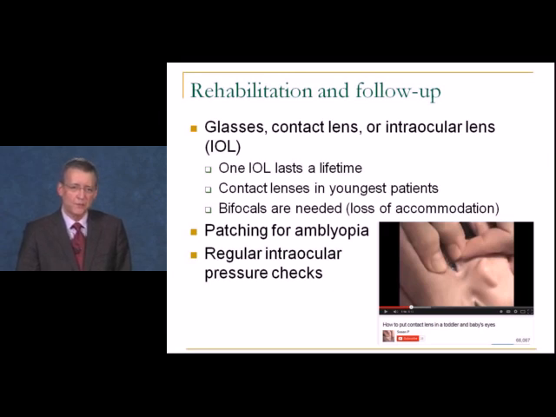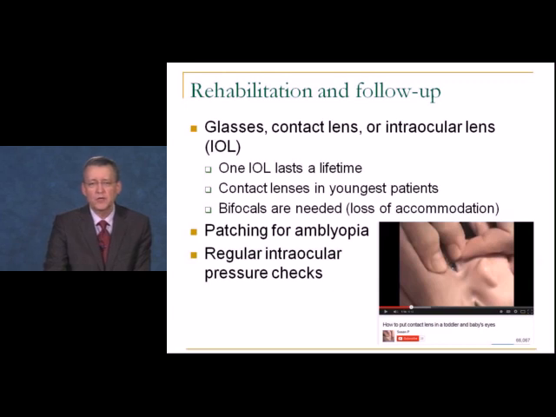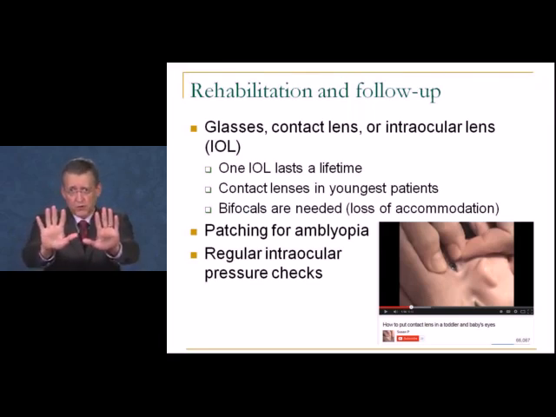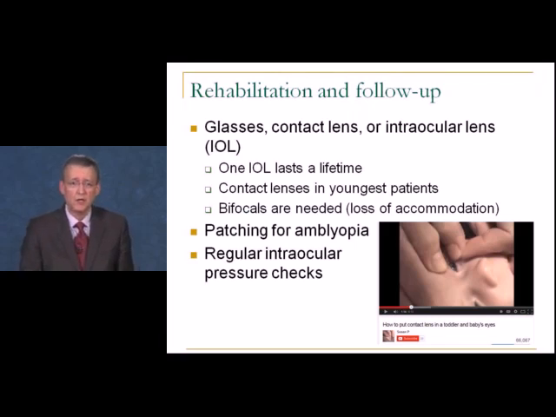So contrary to what you might think, once an intraocular lens is in there, we try to choose the right power so it can stay there for a lifetime. Now, all of these patients are going to need bifocals because the natural lens can change shape as you shift focus from distance to near, but the implant or the lack of an implant can't do that focusing, so you need one power for distance and a second power at near.